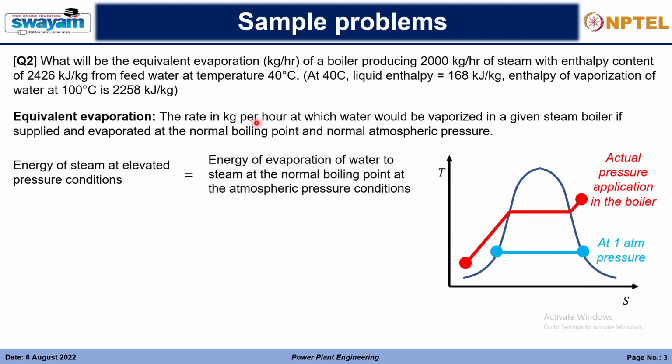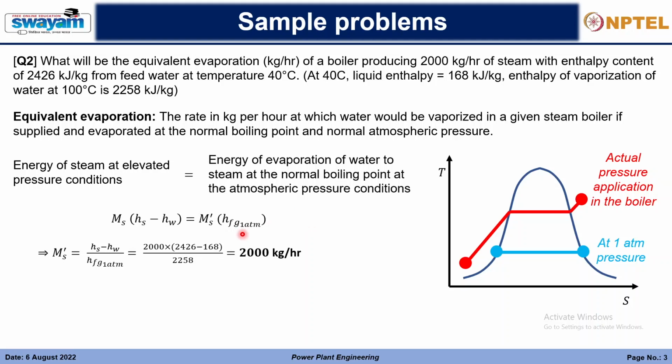So basically the energy of steam at elevated pressure conditions in the boiler would be equal to the energy of evaporation of water to steam at the normal boiling point, that is 100 degrees Celsius, at 1 atmosphere, and at the atmospheric pressure conditions. So like this I will equate. The ms is the mass of steam which is at the elevated pressure conditions.